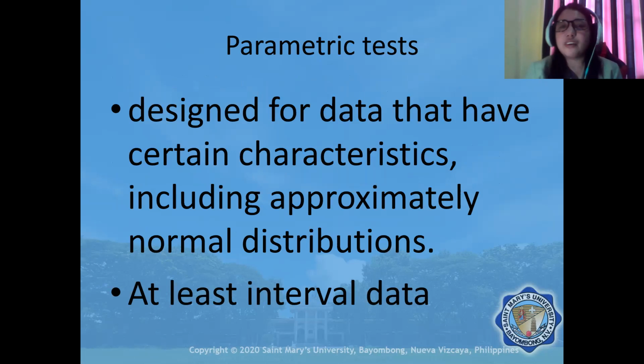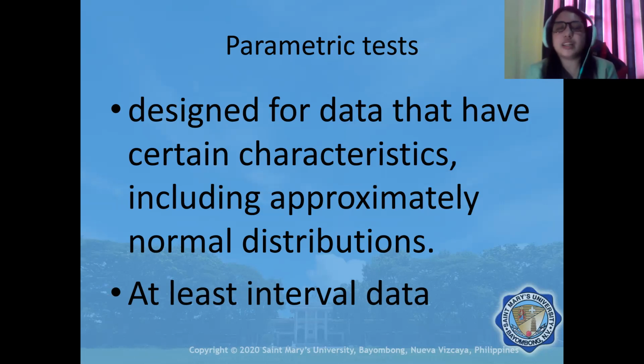It is designed for data that have certain characteristics, including an approximately normal distribution. For parametric tests, you first have to check the nature of your data. Is it at least interval? In our discussion of descriptive statistics, you were taught to identify the scale or level of measurement. So at this point, you must already know how to determine the nature of your data.